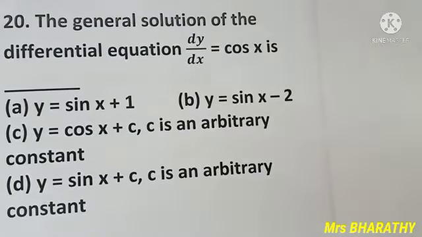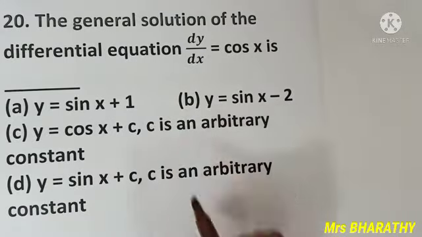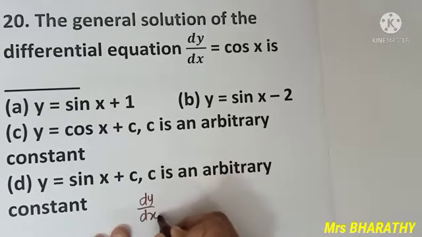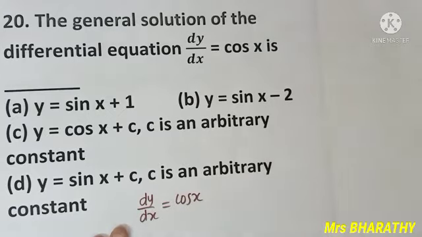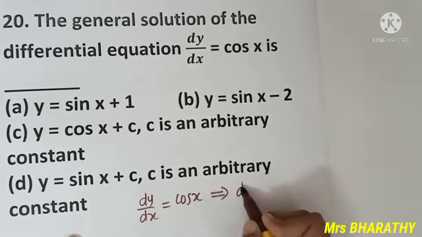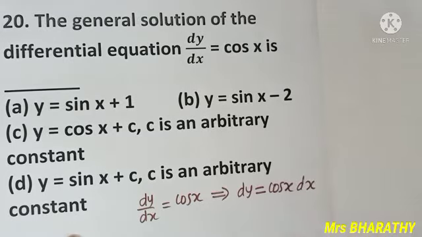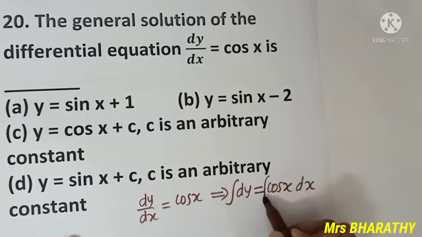Question number 20. The general solution of the differential equation dy by dx equal to cos x. As I cross multiply, I get dy equals cos x dx. So we have separated the variables so we can integrate.